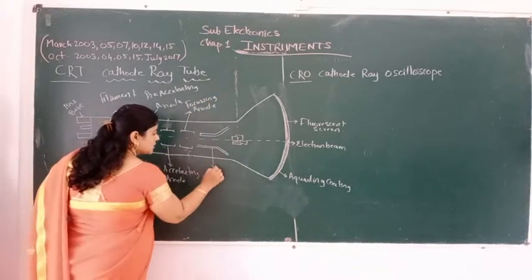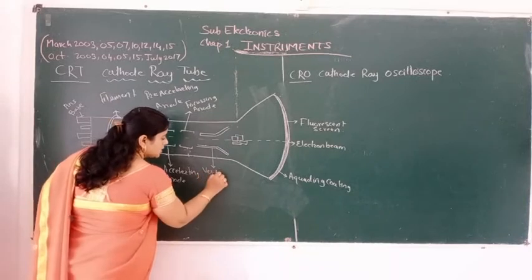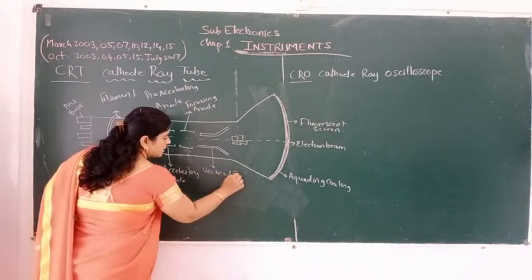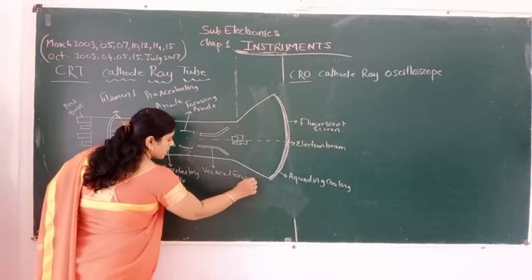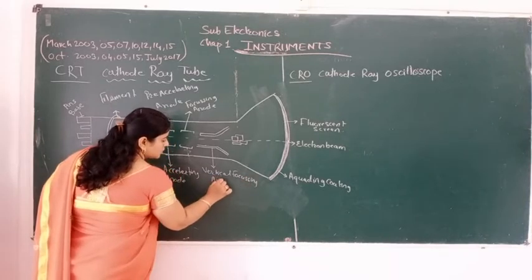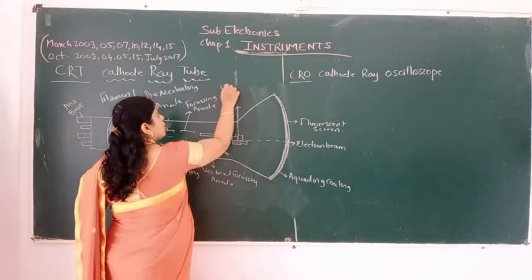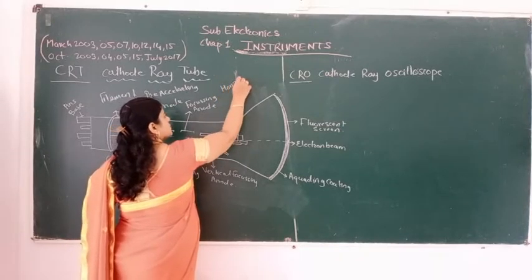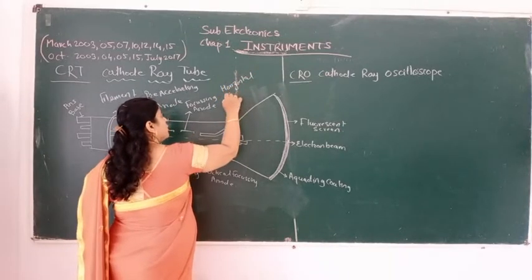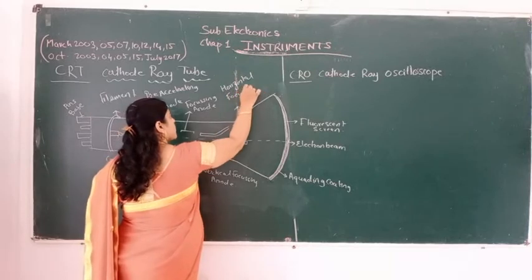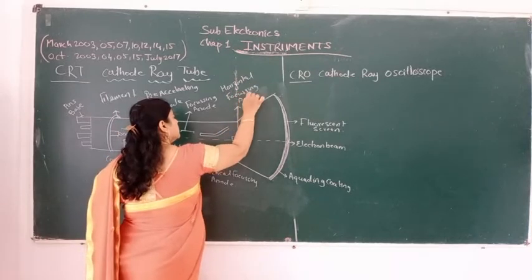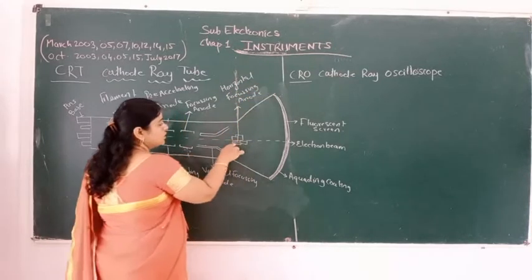Now this is the vertical focusing anode, and this is the horizontal focusing anode. This is the horizontal focusing anode.